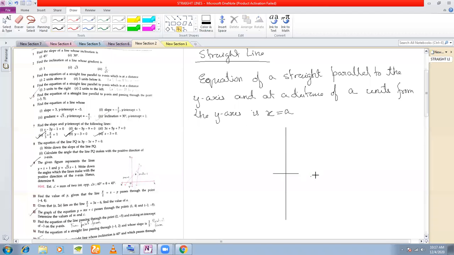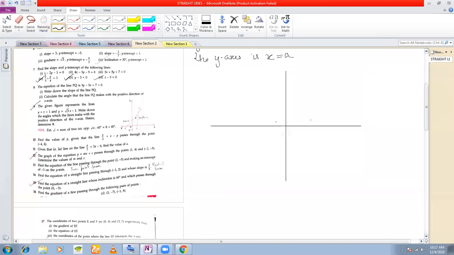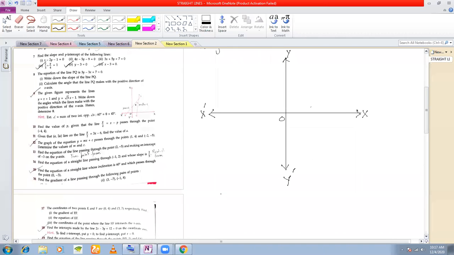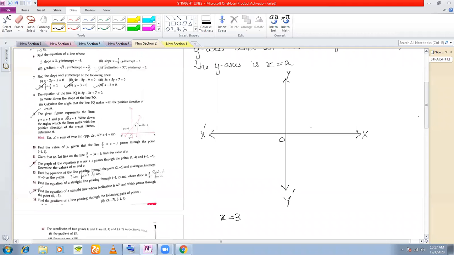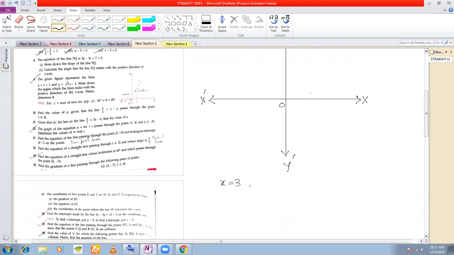So if you have the coordinate axis and you want to sketch x is equal to 3, this straight line, then what is the form here? x is equal to a, right? x is equal to 3 means x is equal to a, where a is plus 3 units.